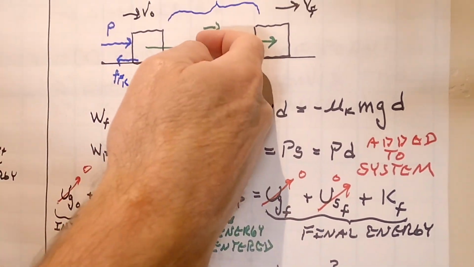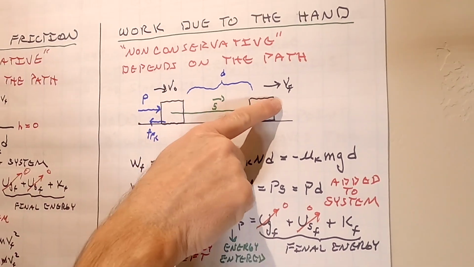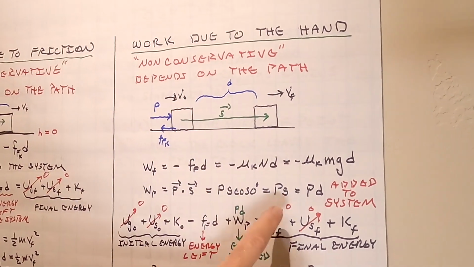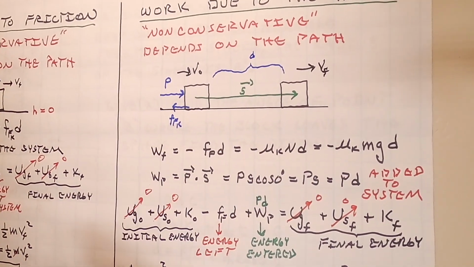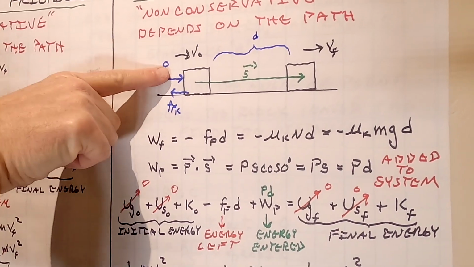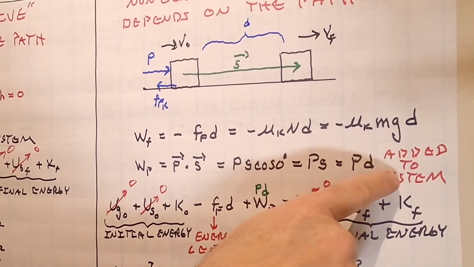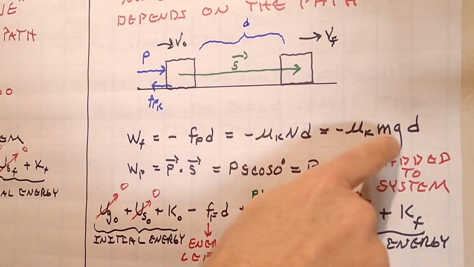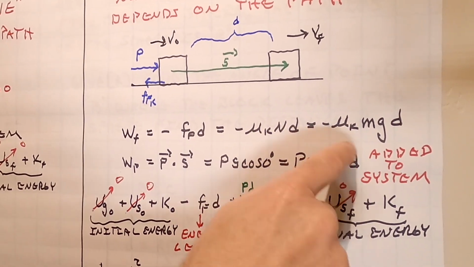Now, if we were to push in this direction while it was moving that way, then we would have had a minus right here. We would have been taking energy away from the system. But since this work due to P is positive, we're adding it to the system. This one's taking it away, this one's adding it.